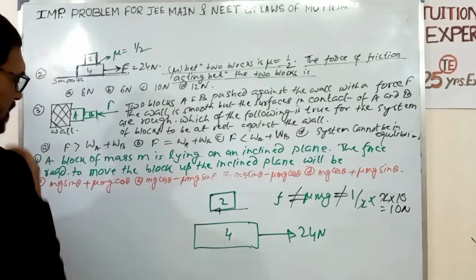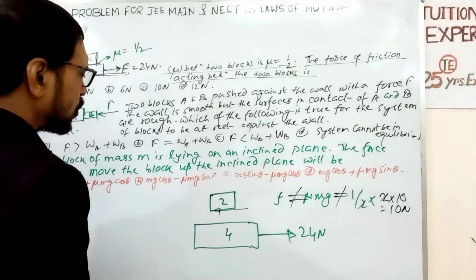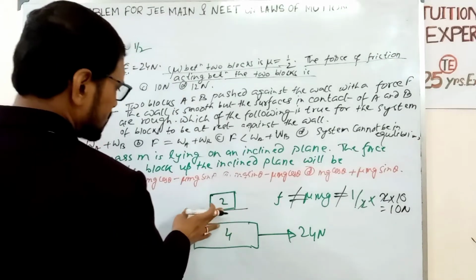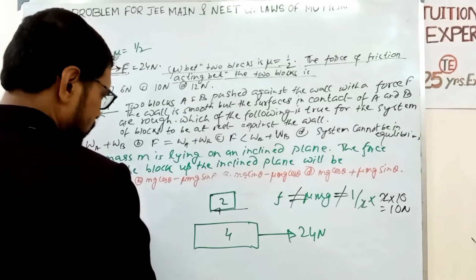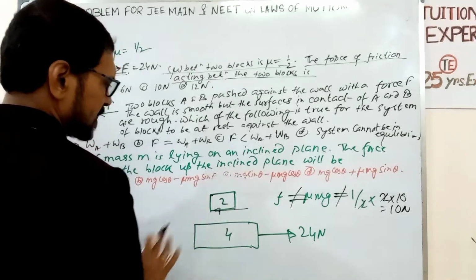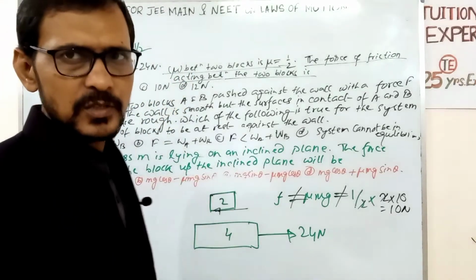We have to calculate it. I have told you in my video on block on block, in the friction chapter, what is the condition for two blocks to move together and what is the condition for two blocks to move separately. I have told this in detail. You can watch my video.